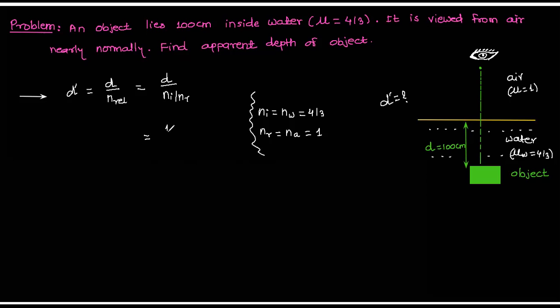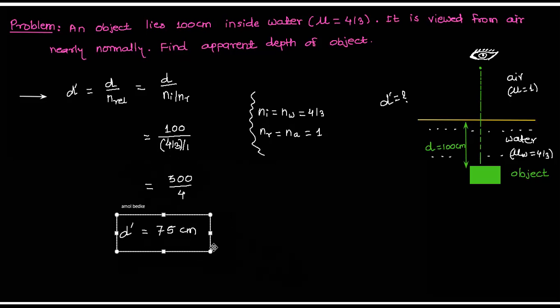Keep it in mind. So therefore d we already have, this is 100 divided by ni, which means nw. nw is equal to what? 4/3 divided by 1. And then you are getting this equal to 300 by 4, and therefore d dash is equal to 75 centimeter.